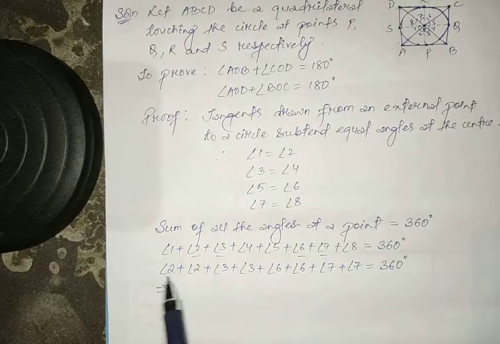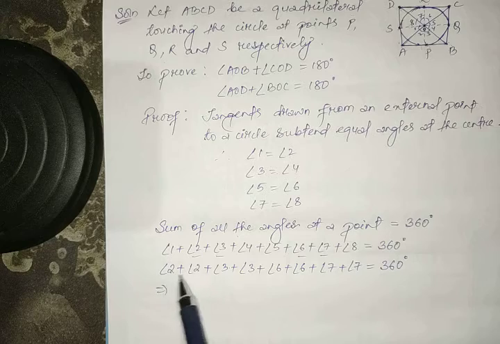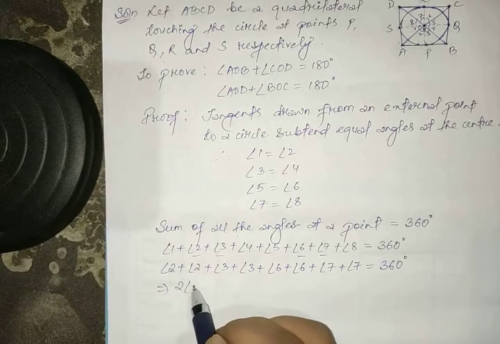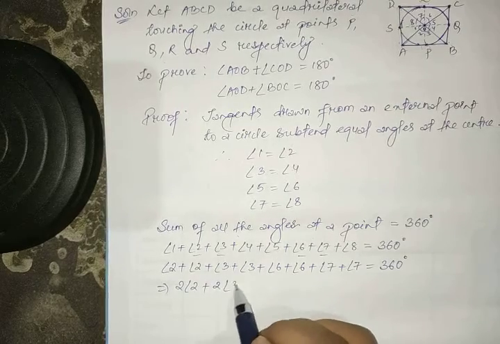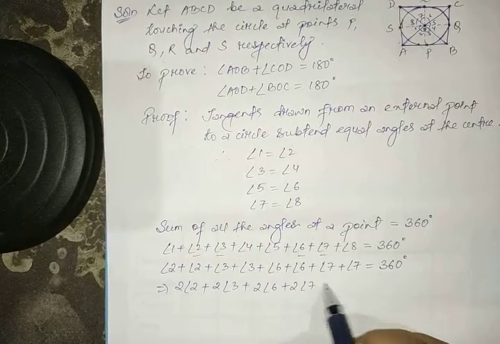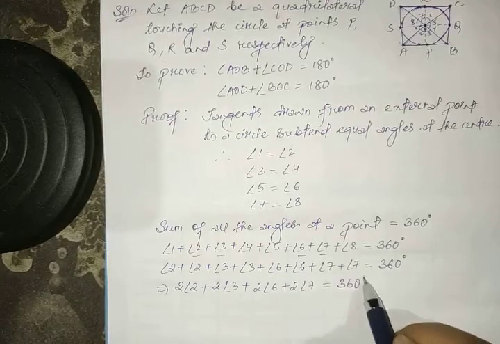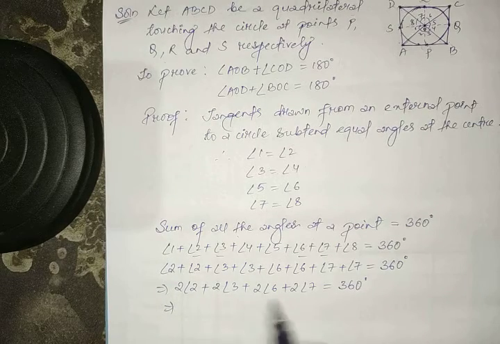Now see, here we have angle 2 plus angle 2, so all the angles are twice. Angle 2 plus angle 2 will be twice angle 2, and similarly we get twice angle 3, twice angle 6, and twice angle 7, equal to 360 degrees. So everywhere there is a 2, and you can take 2 common.